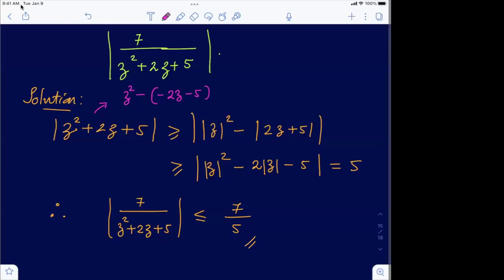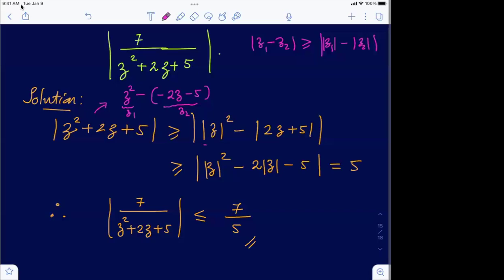You can do this. Now, this is just like your z1, and this is just like your z2 in the reverse triangle inequality. If you consider reverse triangle inequality, that is z1 minus z2, and that is always greater than or equals the difference between the moduli, right? So you can always have this direction, and that's exactly what I'm doing here.